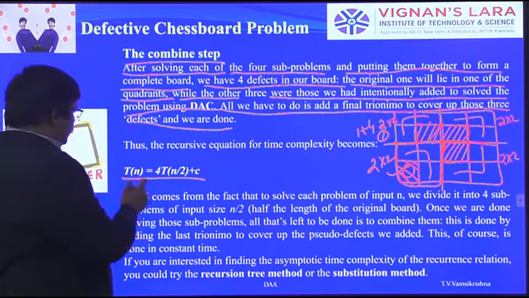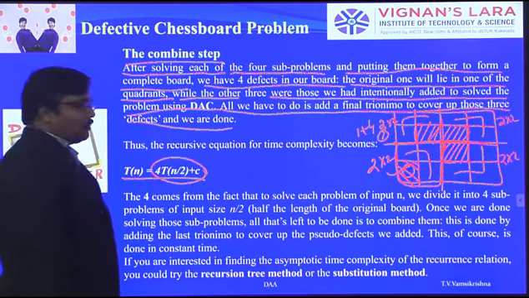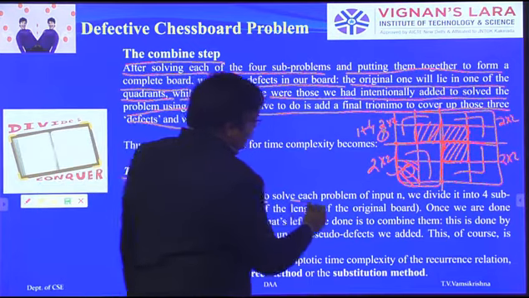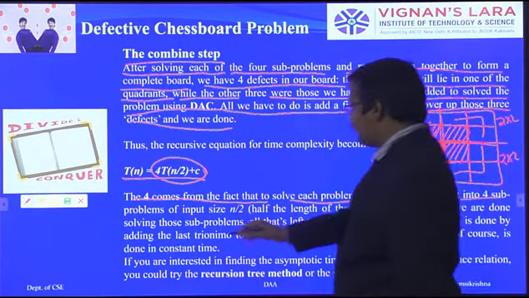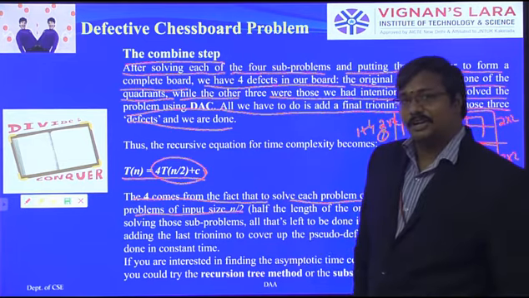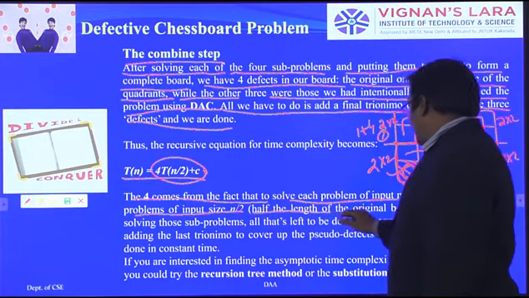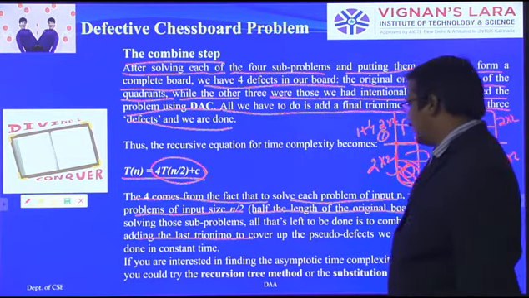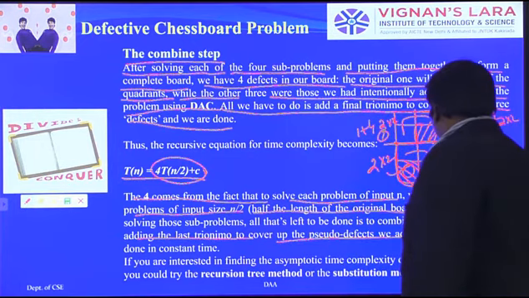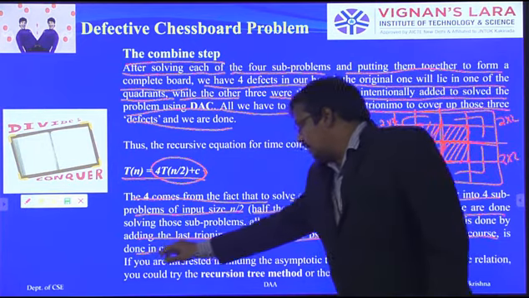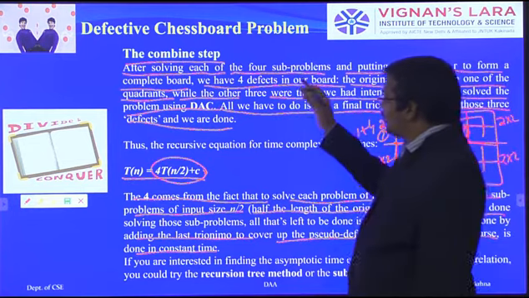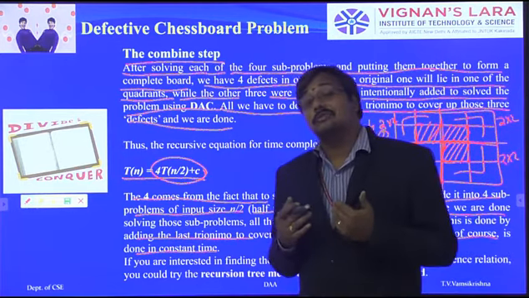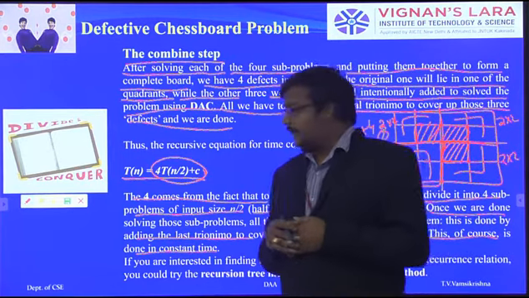The 4 comes from dividing into 4 subproblems of input size n by 2, half of the length of the original board. Once we are done, adding the last triamino to cover up the extra defects we added is of course done in constant time. It needs a constant amount of time.